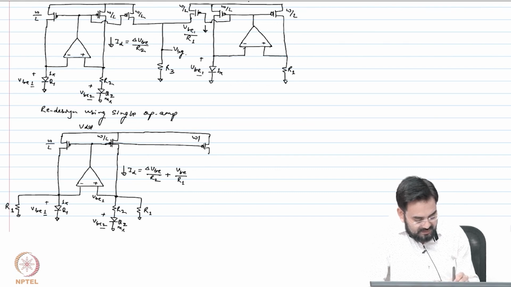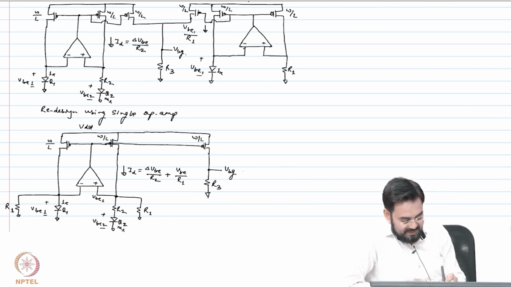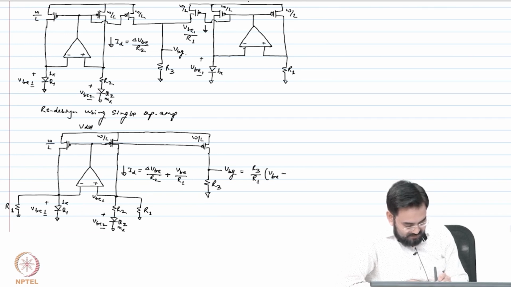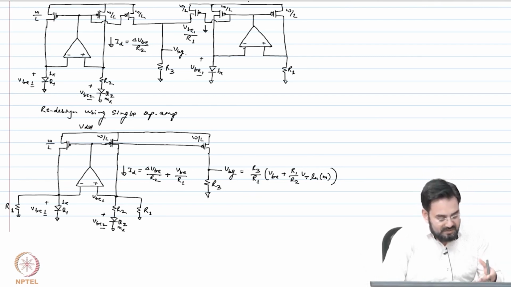This is again W by L device, connect a resistor R3, okay, and this will be your R3 by R1 into VB plus, correct. So you can do it with a single op amp.